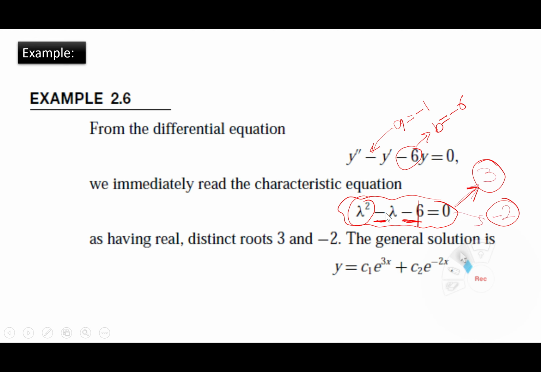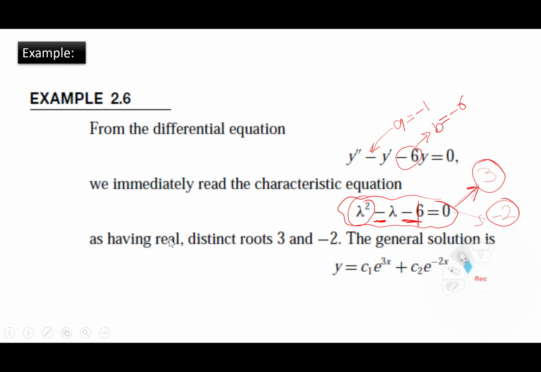Then the characteristic equation is going to be, as you can see here, lambda squared minus lambda minus 6 equals 0. If you solve this using the law, you are going to find that you have two distinct roots. The first one is 3, and the second one is -2.